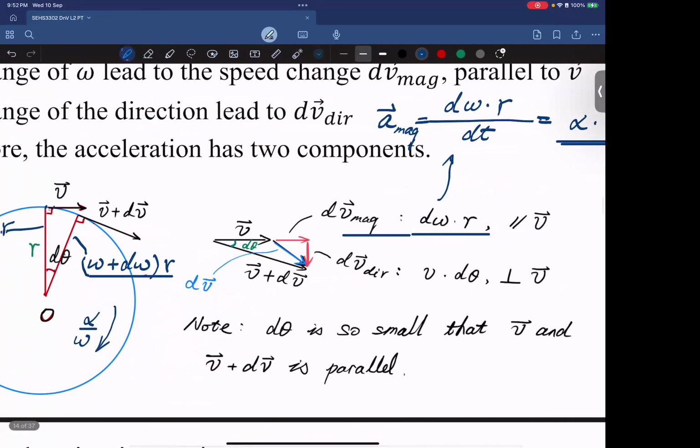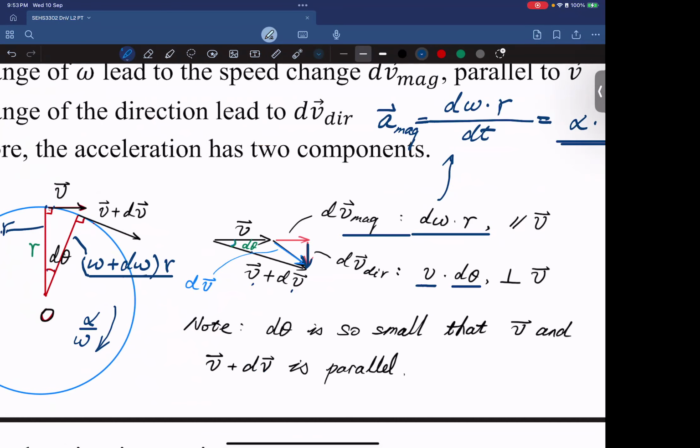And the second part is the direction change. Direction change is very easy to understand. This is the velocity change due to the direction. What does it equal to? It equals the velocity times the direction change. Direction change is d theta, so it should be velocity times d theta. You may ask, why not use v plus dv times d theta?